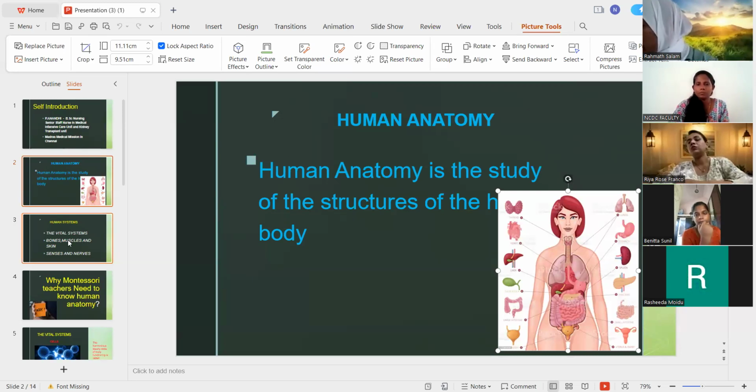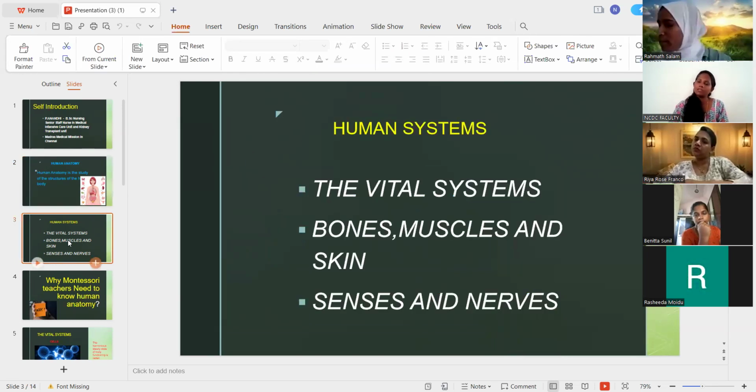This human anatomy is divided into three types, system-wise. It can be divided into many types, but I'm going to divide it into three systems: the first is the vital system, the second is bones, muscles, and skin, and the third is senses and nerves.